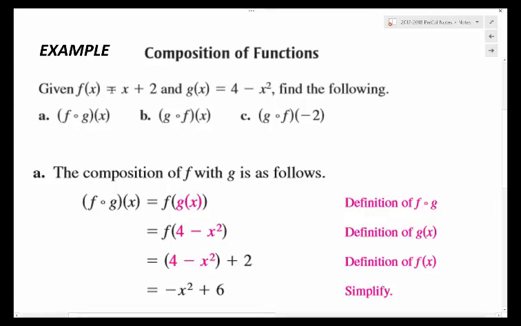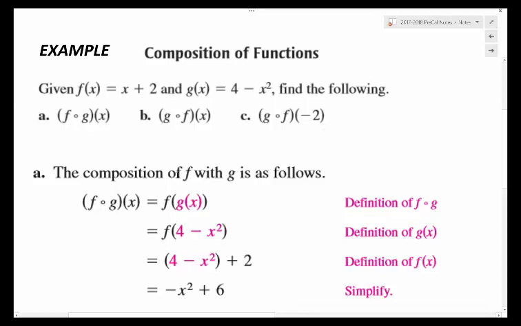So in the first equation, I've got x plus 2. F of x equals x plus 2, and g of x is 4 minus x squared. So find the composition of f with g, the composition of g with f, and then evaluate g with f at negative 2.